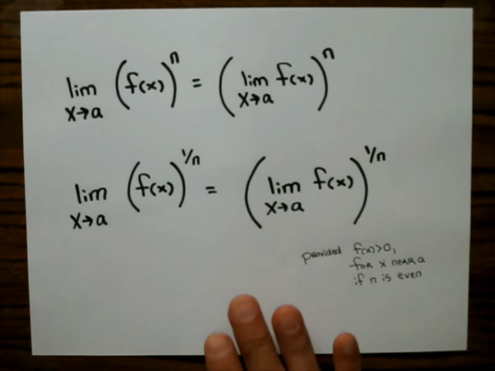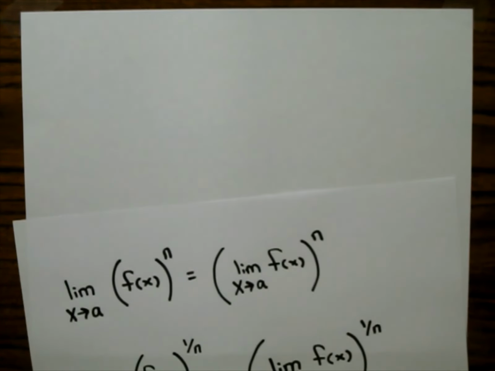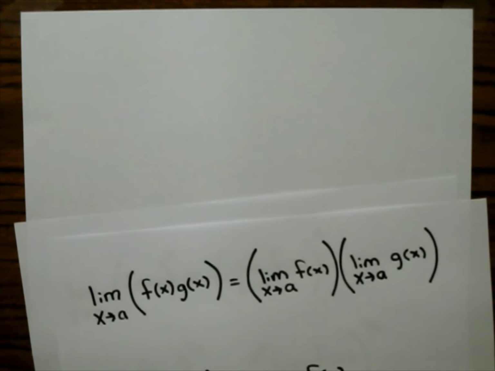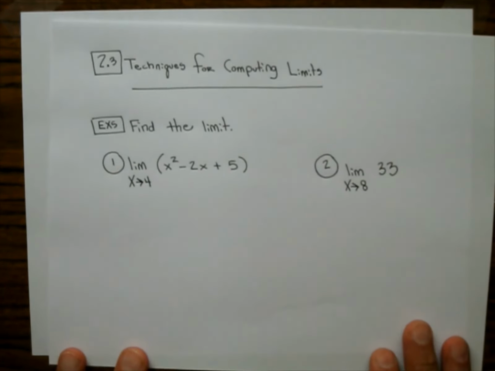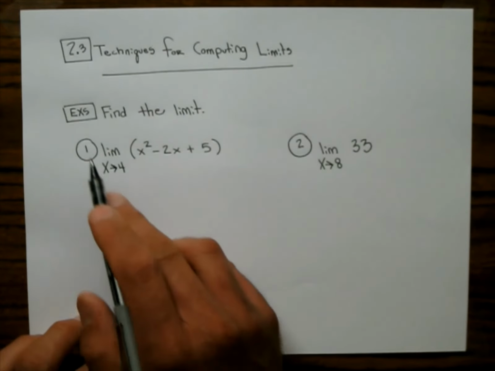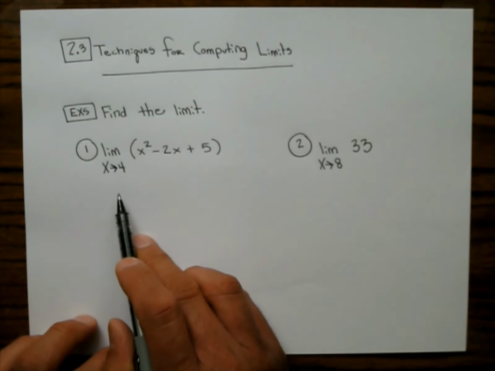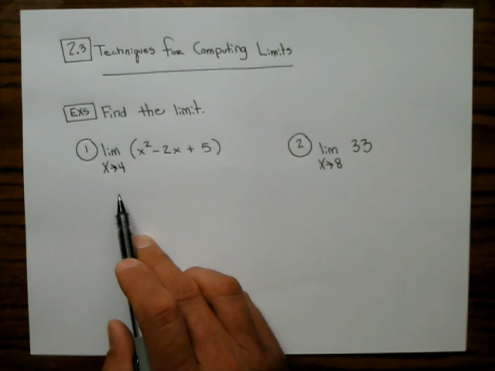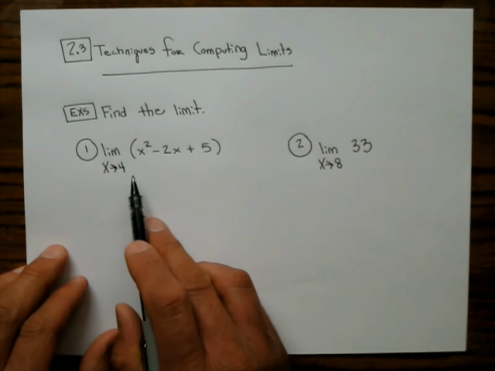Now, after looking at that, I would feel anxious if I was a student, like, oh man, look at all these limit rules. Really, we're not going to go there too much, because many of the problems that you will see in your homework in 2.3, where they ask you to find the limit, can be done using direct substitution. Now, what do we mean by that?